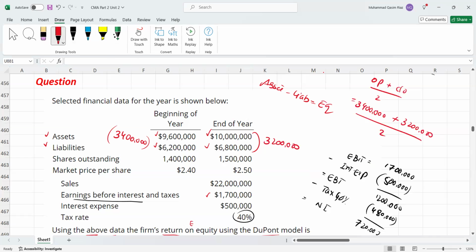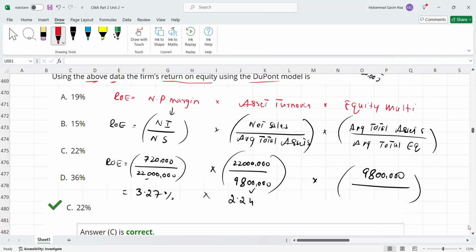So let's find out. The value is 3.3 million. This is the value of average equity. Now 9.8 million divided by 3.3 million. The answer is 2.97, the equity multiplier, right?